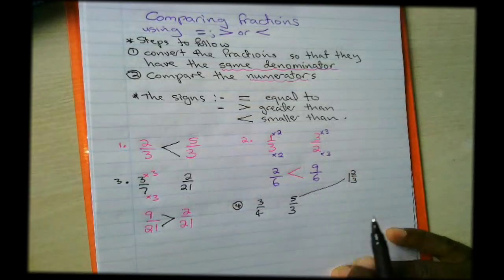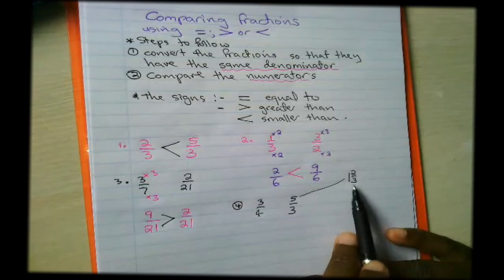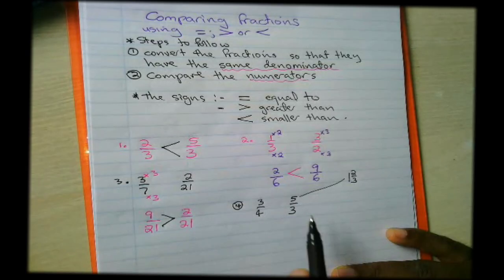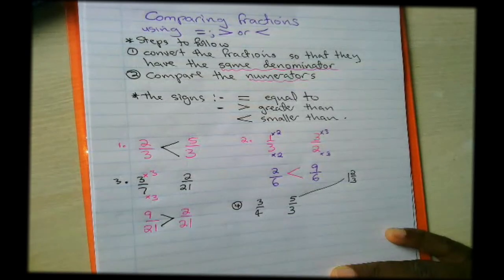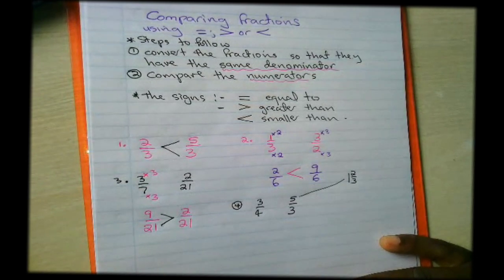We already have 1 whole, and 3 over 4 is a proper fraction which does not have a whole, so obviously 5 over 3 is bigger. But let's convert them to have the same denominator, the method that we were using in the previous questions.